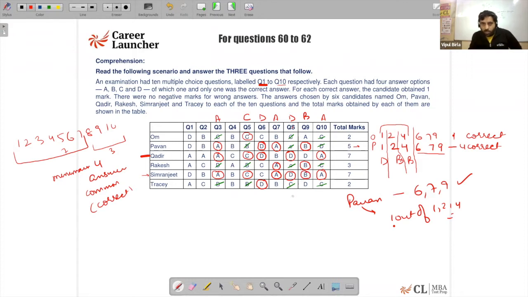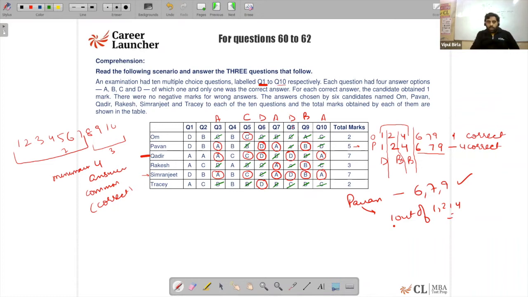Okay. So let's try and cancel those who have not got this answer correct. Right. So let me do it for 6. Not the correct answer, not the correct answer, not the correct answer. For 7th, and similarly for 9th also.